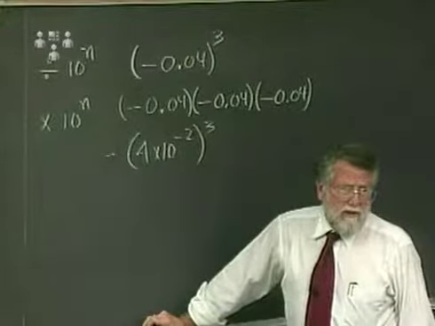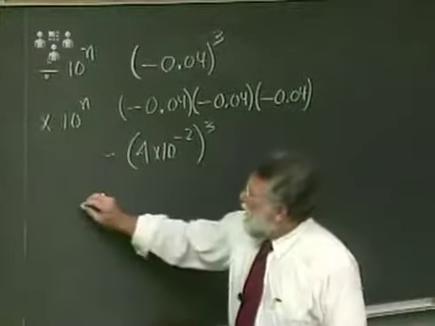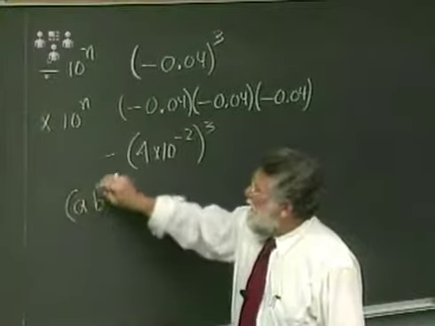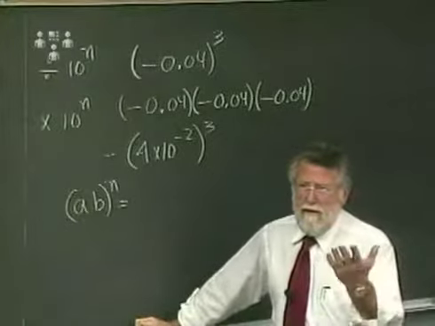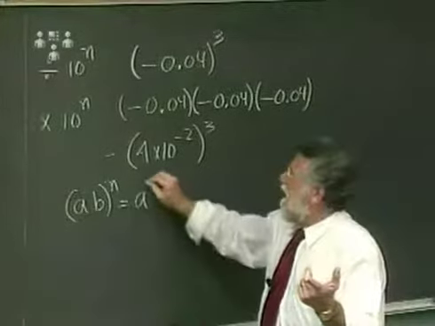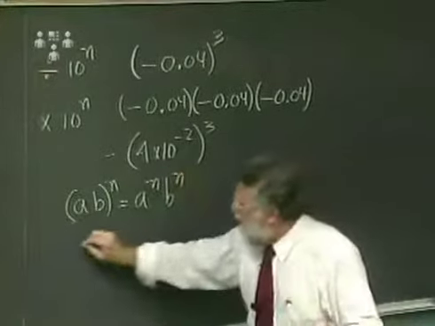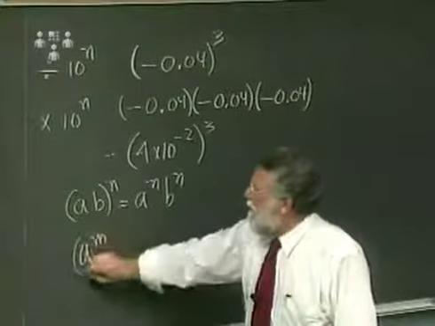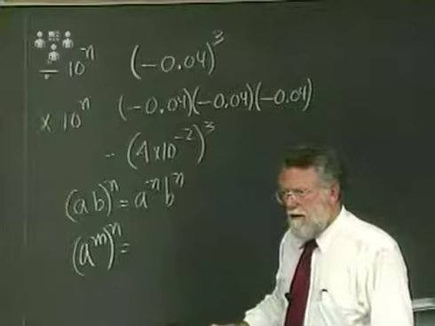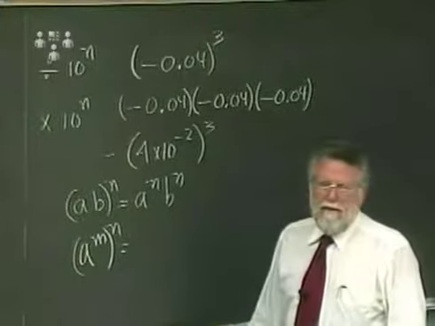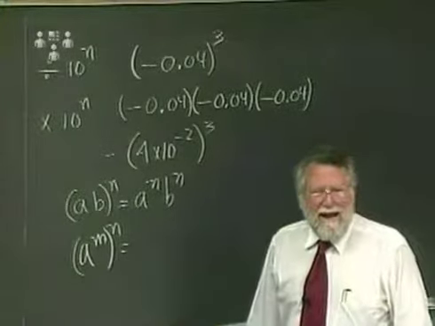Okay, now I'm going to ask you to remember something from the algebra. If I have ab to the nth, what is it? Okay, a to the nth, b to the nth. And if I have a to the m to the n, what is it? No, not a-m-n.